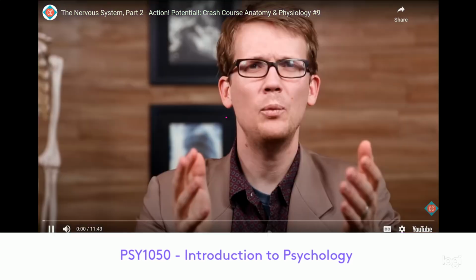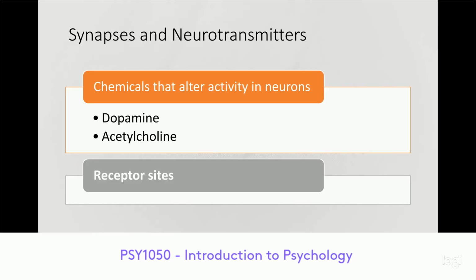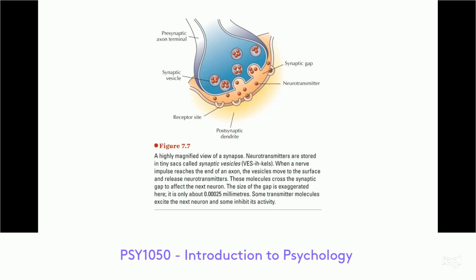Alright, so that gives you a good idea about how the nervous system works. Let me go ahead to the next slide, and we'll talk about how this actual transmission takes place. At the end of the axons, they have these vesicles. The end of the axon, called the axon terminal, is connecting but not touching the dendrite in the next nerve.